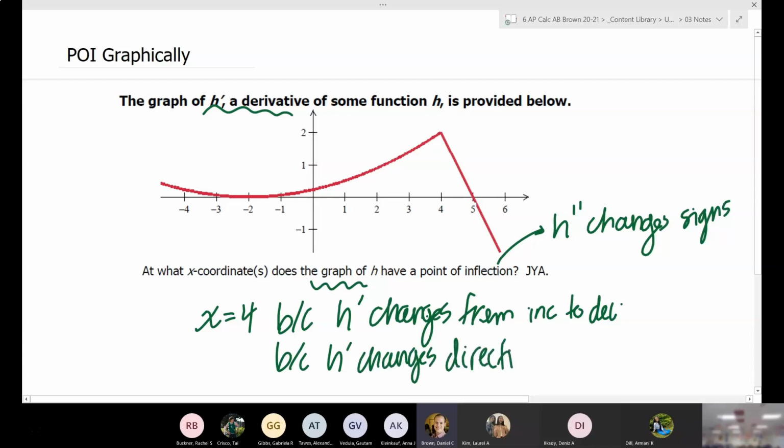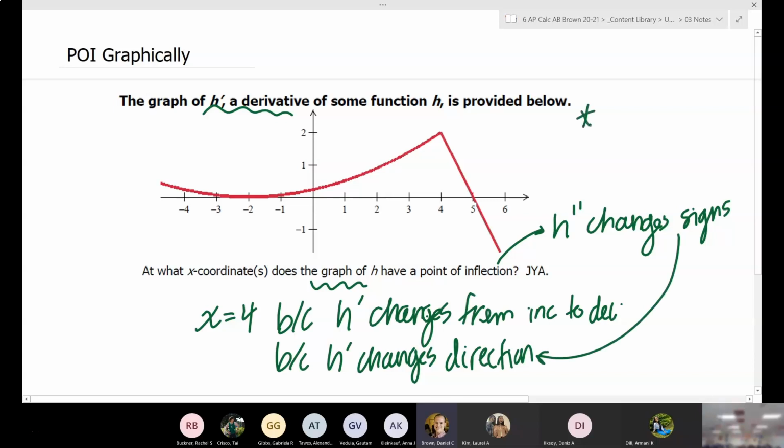And this goes back to that chart we did back in Unit 2, where we saw that when the second derivative was positive or negative, that meant the same thing as the first derivative was increasing or decreasing. So when I say h double prime changes signs, that's the same thing as saying h prime changes direction.